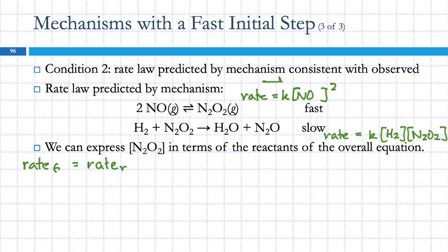So that's forward. And the reverse, the rate would equal a rate constant times the concentration of N2O2. So this is forward and this is reverse. Does that make sense? You see how that works?